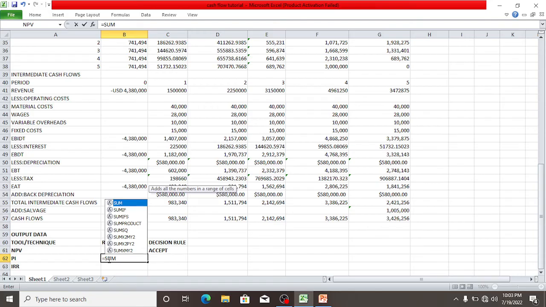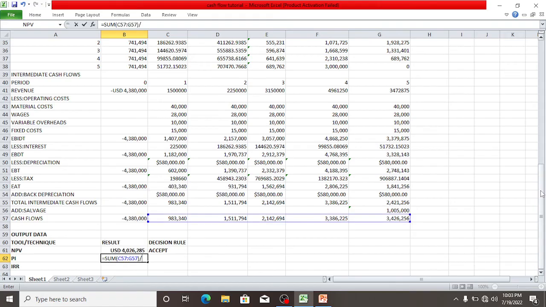These are the cash inflows, divided by the cash outflow, which is the initial outlay. So where is our initial outlay? It is here. Let me press enter. So it is 2.61.